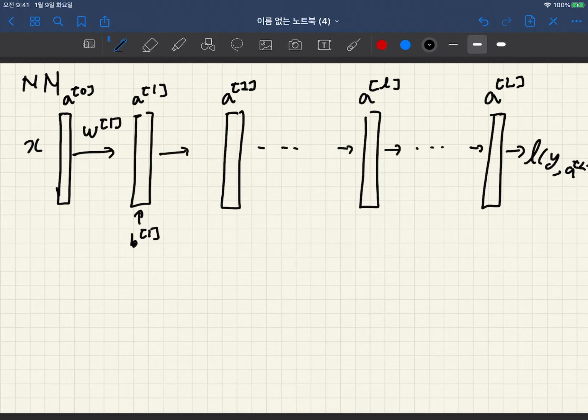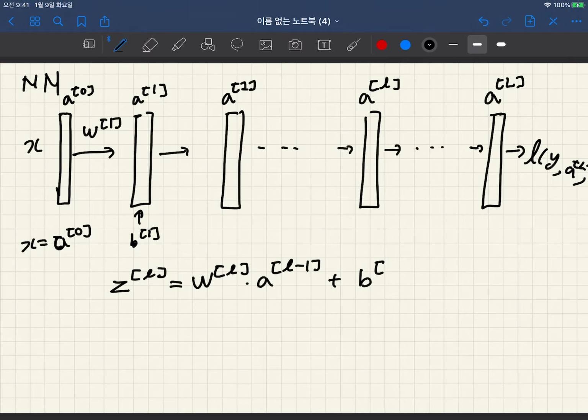This is a bracket capital L. With this notation, the input x is equal to a bracket 0, and at each time we compute the ZL from the weight matrix at layer L times the activation value from the previous layer plus the bias vector at layer L. And the AL, the activation vector, will have this definition, the activation function at ZL vector.